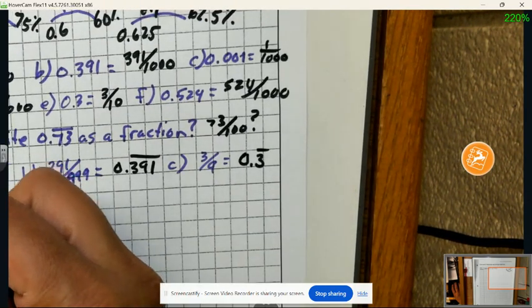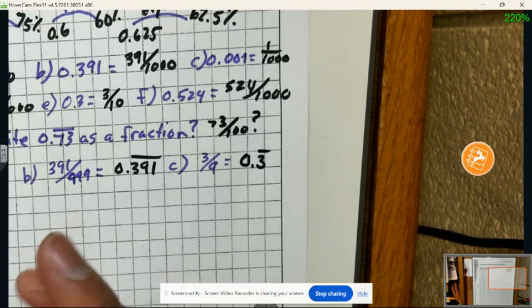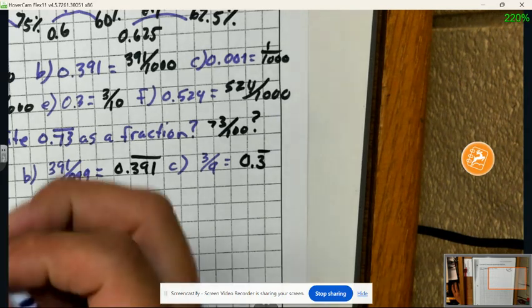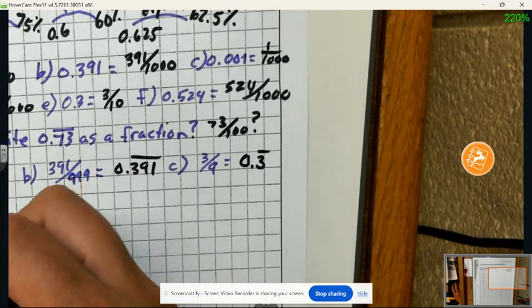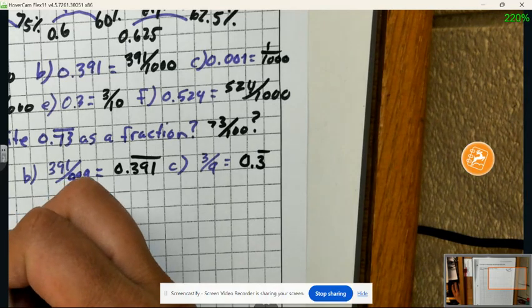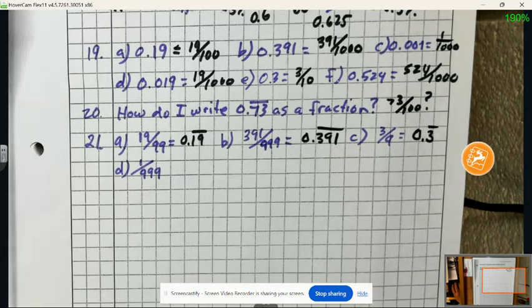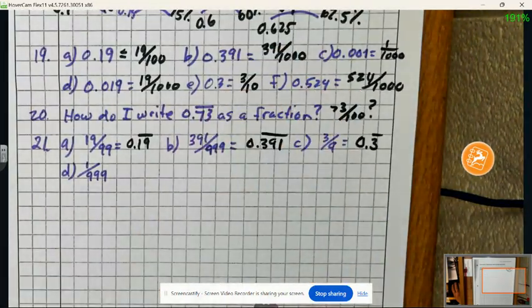to D and tell me if you can predict what would this be without looking at the calculator, without looking at any calculations. So put your calculators away, and this one is going to be 1/999th. All right, so first of all, don't look at your calculator. What do you think that would be?